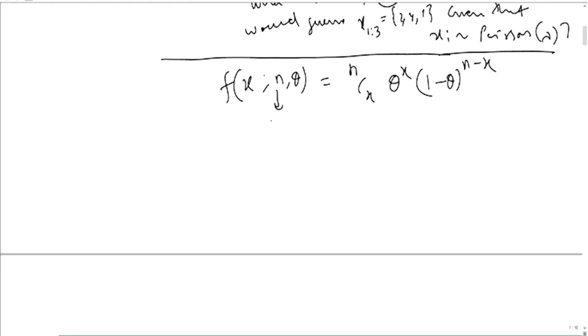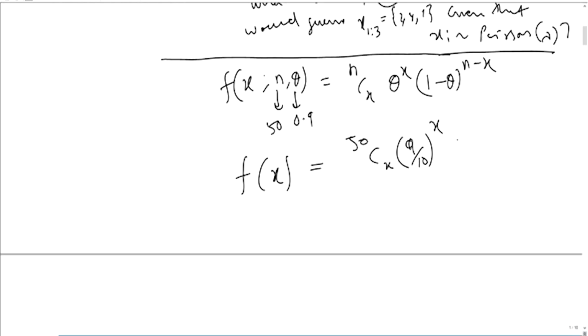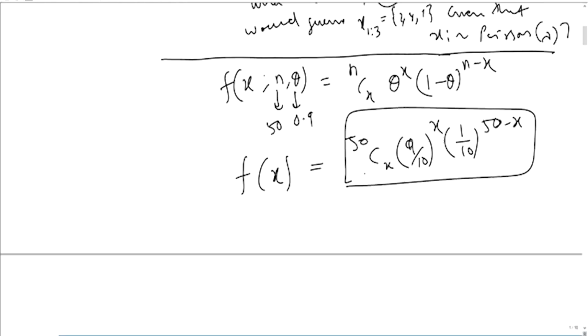Although you know n is 50 and theta is 0.9, if you plug in these values, it becomes a function of x. So you know n, so 50 choose x, theta is 0.9, so 9 by 10 to the power x, 1 by 10 to the power 50 minus x. So now this has become a function of x.